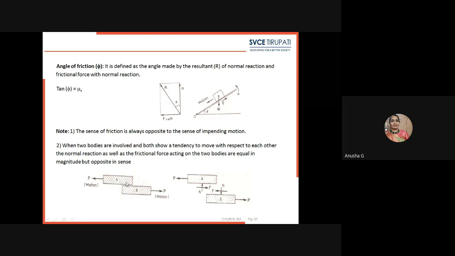That means two bodies of the same weight moving in opposite directions. Then they tend to move with respect to the normal reaction. Here you can observe, whatever force you apply on the right side, the body moves to the left side. If it moves to the left side, the frictional force will be on the right side. The two combinations act at the center.